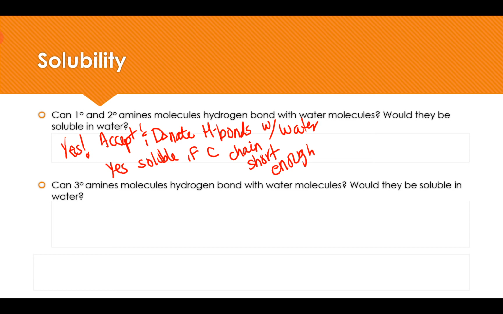Can tertiary amines hydrogen bond with water? Yes, they can. But they can only accept. So they can only accept H bonds from water.